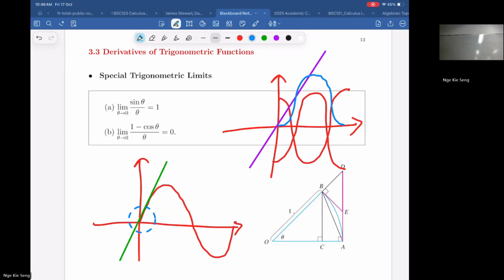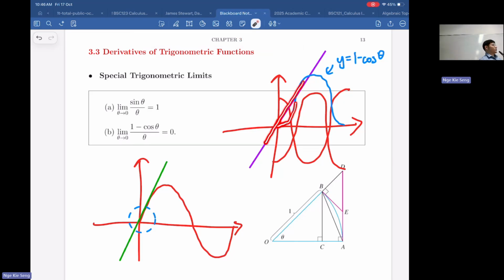No? You don't understand? Okay, see from the graph. So this graph is y equals 1 minus cos theta. Can you see that 1 minus cos theta gets to 0 faster than y equals theta? Can you see or not? You can see this value here gets very close to 0 when theta goes to 0. So here is theta. Can you see this part?